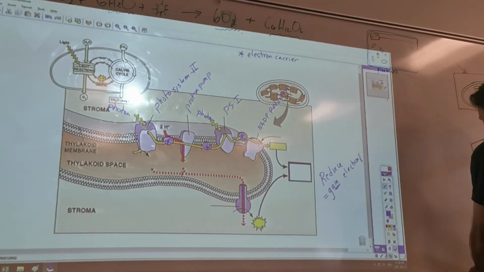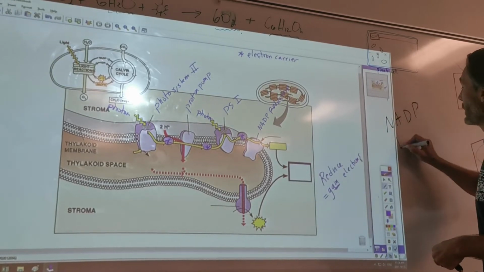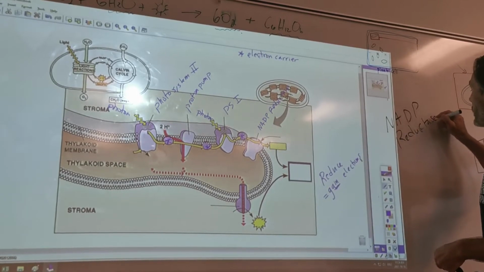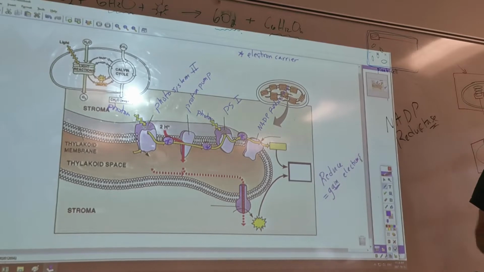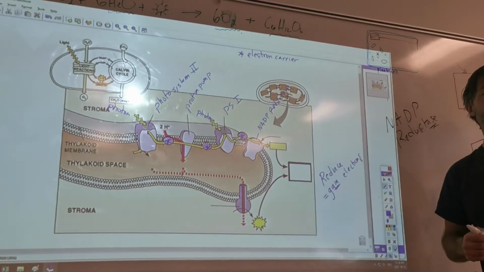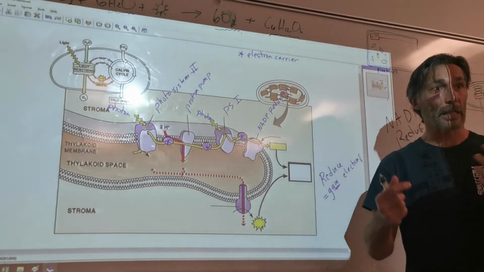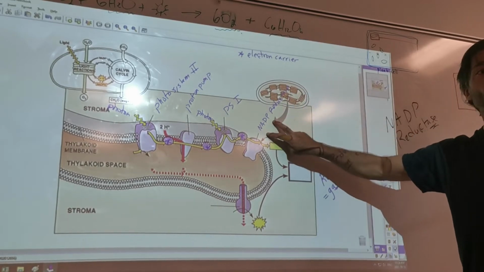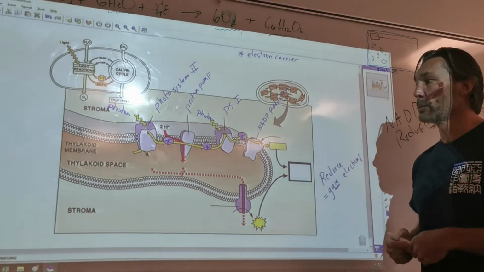I'll write it more neatly over here, bigger so you can see it in the back. NADP reductase. Okay, and ase, who remembers what that means? Anything that ends with ase, like lactase. Lactase breaks down lactose. It's an enzyme that's going to catalyze or kickstart a chemical reaction. So this is an enzyme that reduces NADP. So it's going to give electrons to NADP to reduce it.